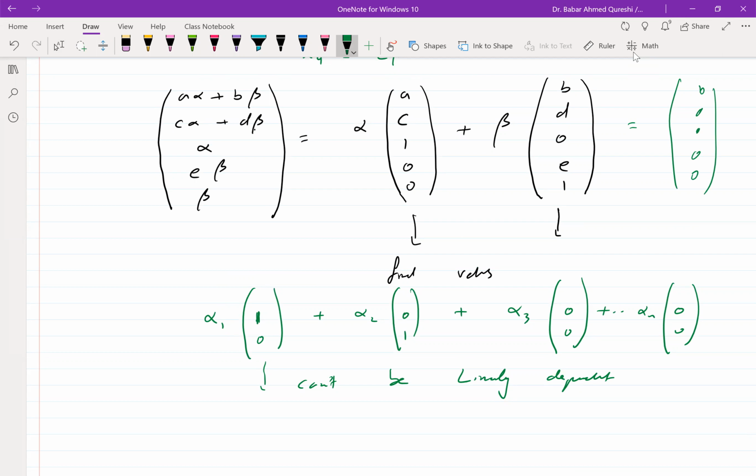You have a 0 on the other side, so you have to put alpha equal to 0. Similarly, this 1 cannot be cancelled against anything, so you have to put beta equal to 0. Similarly over here, this one cannot be cancelled, so I have to put alpha 1 equal to 0. And this one has no corresponding component in the other vectors, so you have to put alpha 2 equals 0. So all the alphas turn out to be 0. In the reduced echelon form, these vectors which span your null space will all be linearly independent.